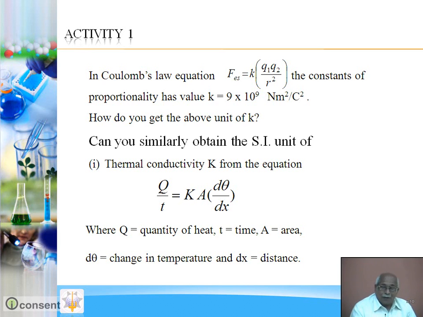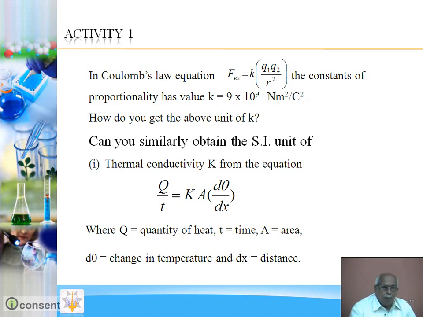Now try the same method to obtain the unit of thermal conductivity K. You are given an equation. For the present, don't bother what that thermal conductivity is. You will learn that in advanced classes. But at present, you can decide the unit of K from the equation given here.